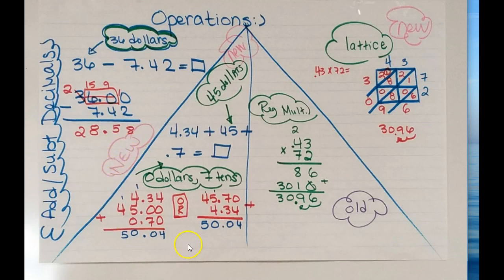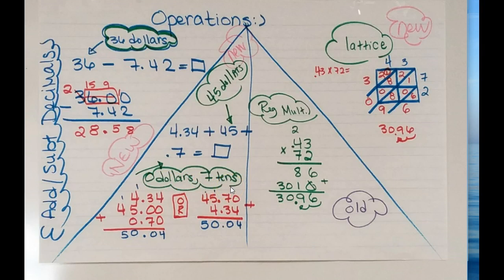This one down here. So if this is your math problem right in here, 4.34, which is 4 and 34 hundredths, plus 45 plus 7 tenths. Now, that's $4.34. You know that. 45 what? $45. And that's 0.7. 0.7 is not money. That's $0.70. It says so right here.